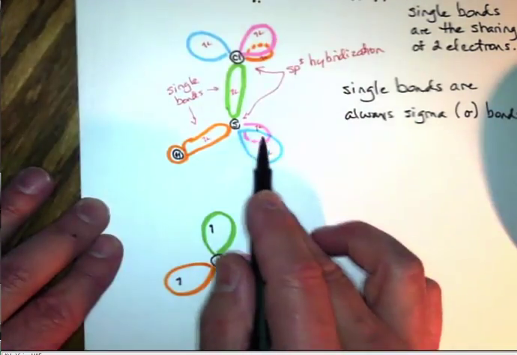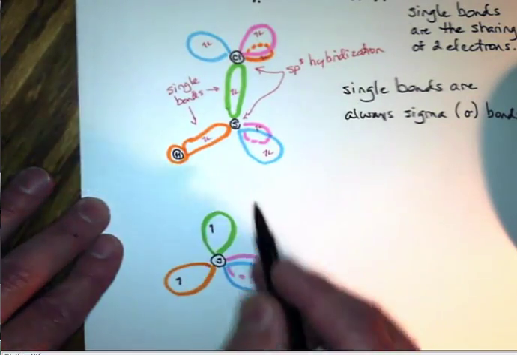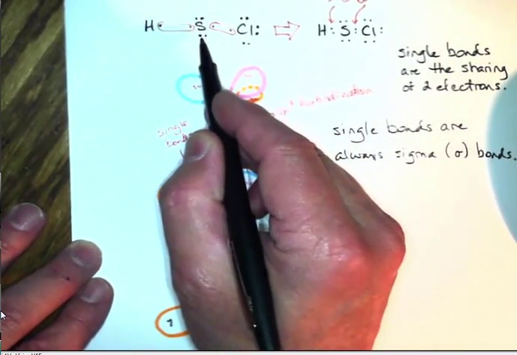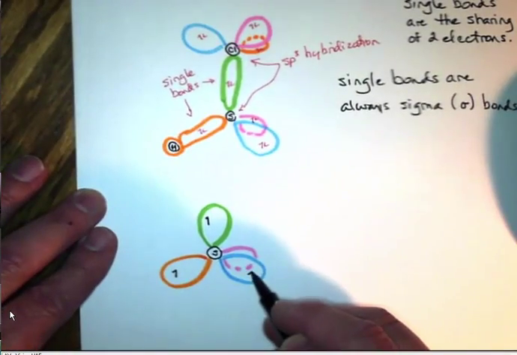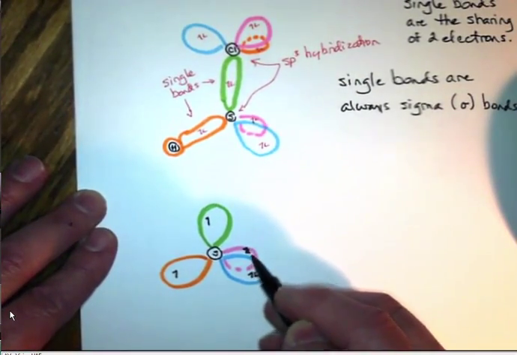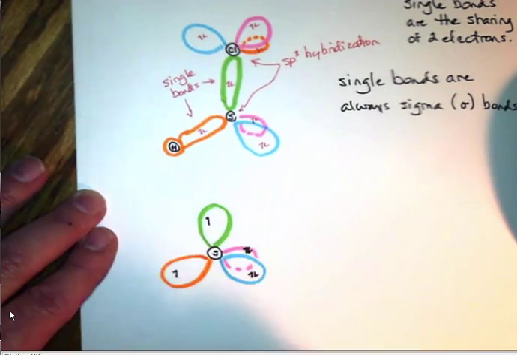The other two orbitals over here already have a pair of electrons each, so they don't need to bond with anything. They've already got the two electrons they need to be full.